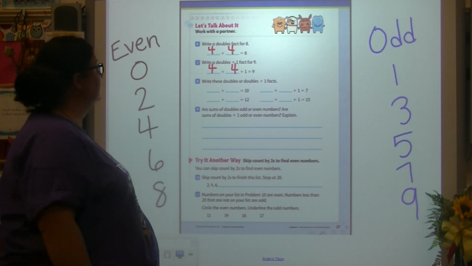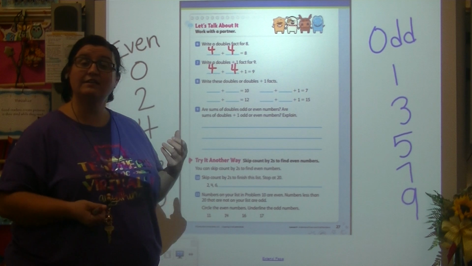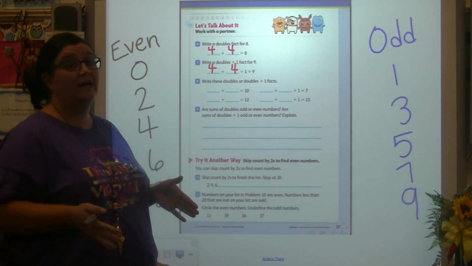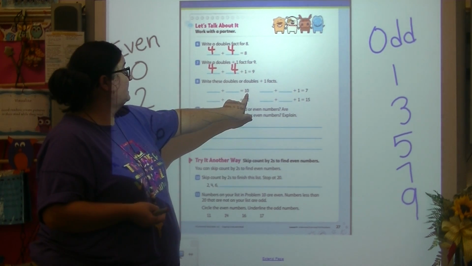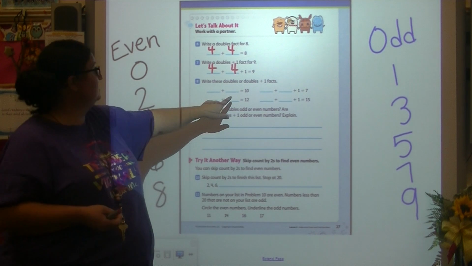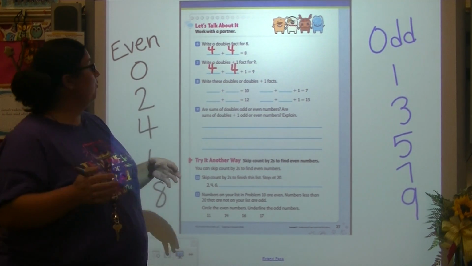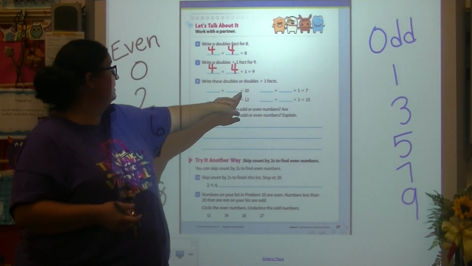Number 8. All right, we're going to write these. Some are even, some are odd. We will be able to tell based on the problem. All right, we have 10. We have a 0 in the ones place. It is even. What number can we add to itself to get 10?